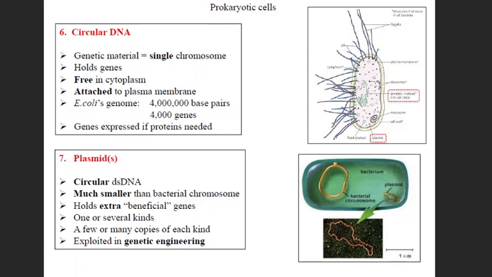Genes are present on DNA, that is, on the chromosome. Genes can be expressed if proteins are needed. This can be regulated: the genes can be converted into protein by the process of transcription followed by translation.